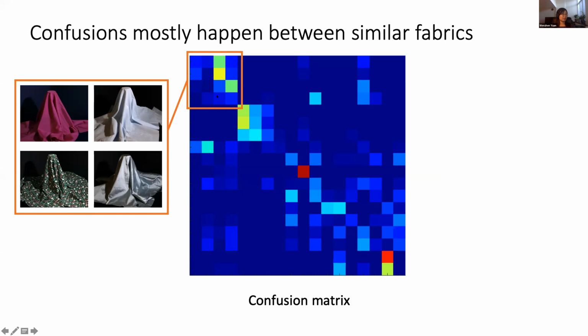We find that there's some confusion between them, but that exactly means their properties are very close. And if we compare the distance of their feature vectors, they're also close. But if we look at the distances between those fabrics and the feature vectors of other fabrics, we find that it is much further away.